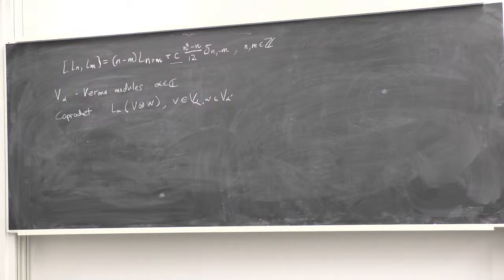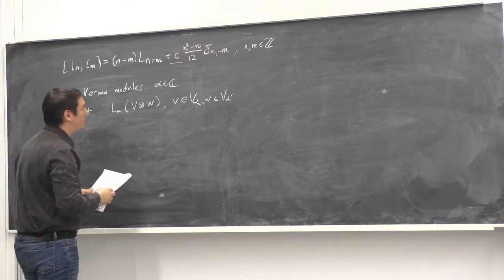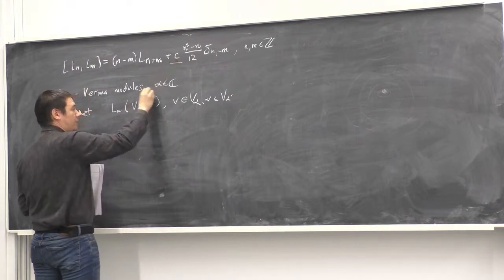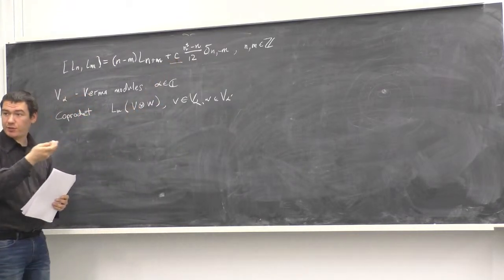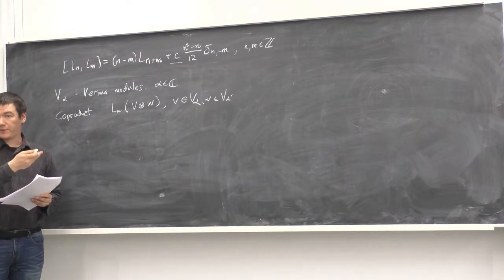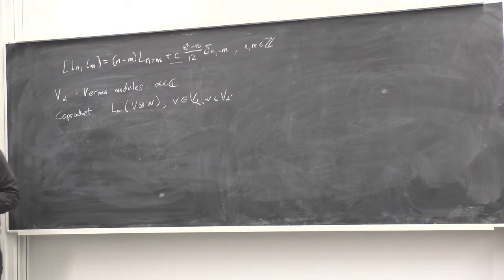So one has to be careful, because naive definition with the Leibniz rule will give you that the value of the C parameter on the tensor product is twice as much as the value on the Fermat module. And this is undesirable. We don't want that.